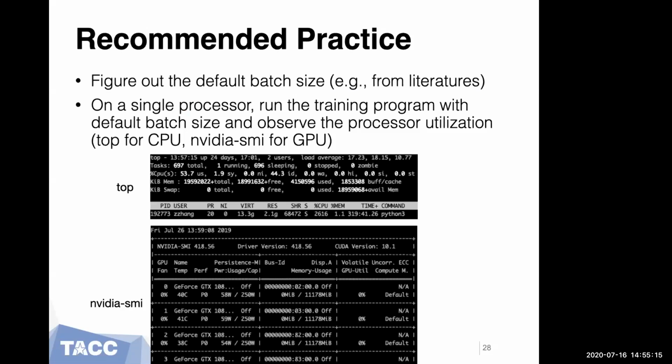Cool, so here's my recommended practice when you train with multiple nodes. First, you're gonna figure out the default batch size. It's really from the literature. For example, if you look at the design safe case we just showed in Amit's session, we use a VGG16 model, right? That's something called transfer learning. This VGG16 model was trained with the ImageNet dataset, and the layers before the fully connected linear layers can be understood as featurizers.